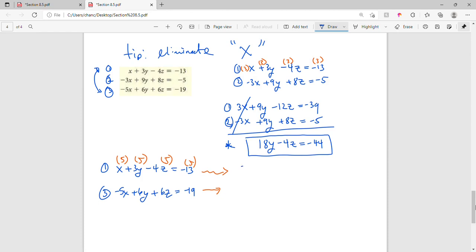This gives us 5x plus 15y minus 20z equals -65. And on the bottom here, we're just going to copy it. We didn't do anything to the equation.